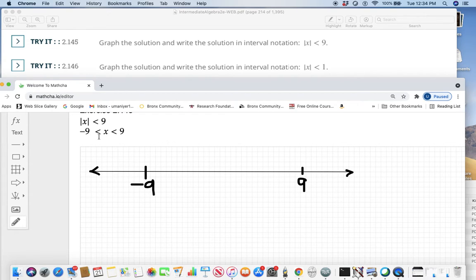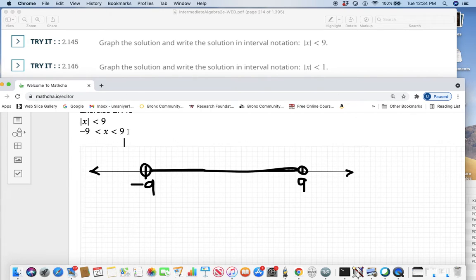Notice x is not equal to negative 9, so it is an open point. x is not equal to 9, it is an open point, that is, it is not filled in, and x is between the two. That's it. So this is the graph.